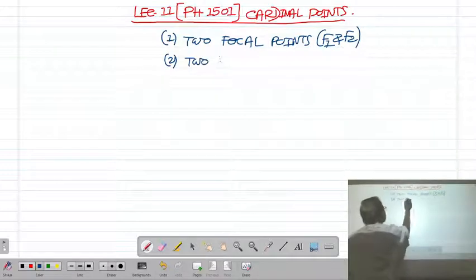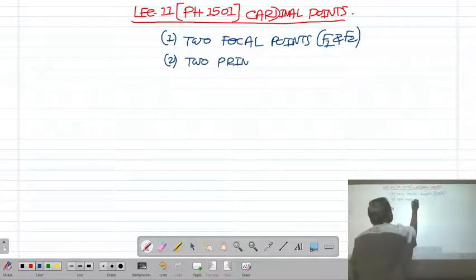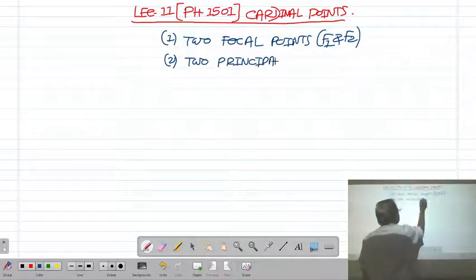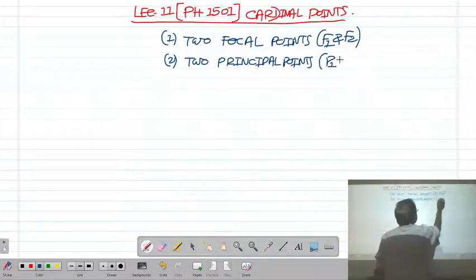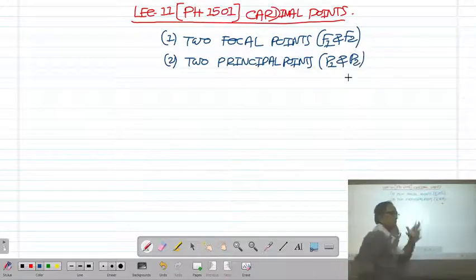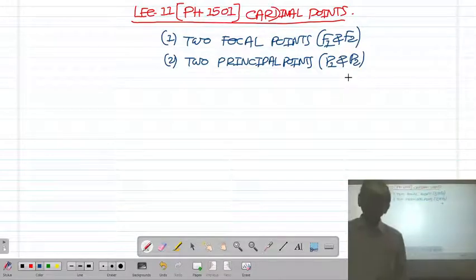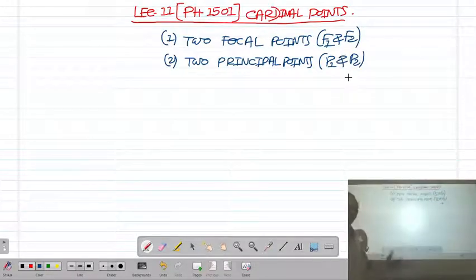Then there are 2 principal points. We also discussed the characteristics and properties of principal points in the last lecture.